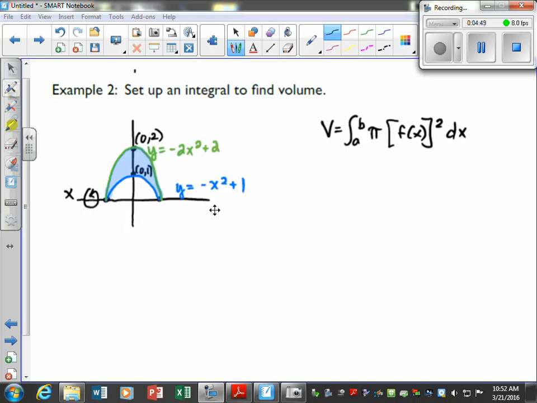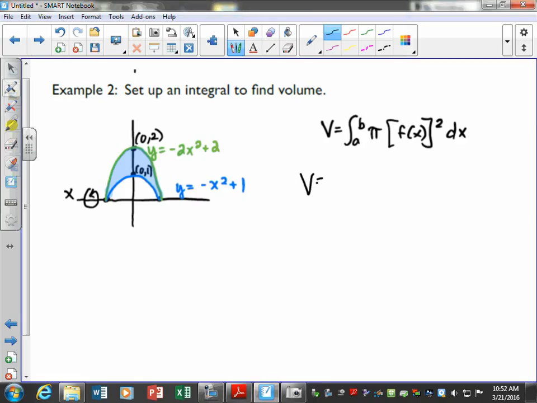Okay, so we're going to set this up. So our volume is equal to, let's pull the pi out. What are our intervals going to be?